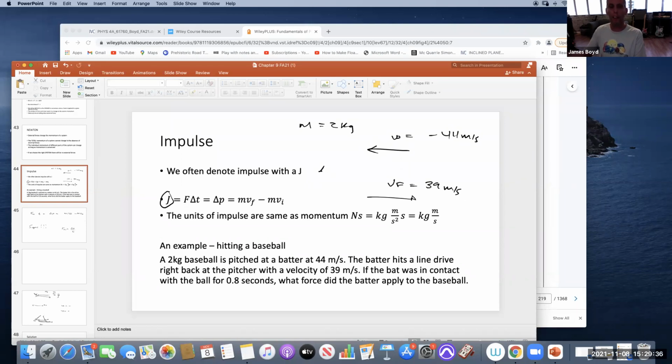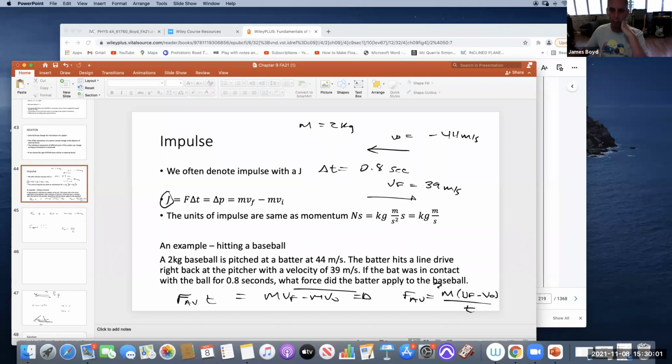And we know the delta t, the time it was in contact, was 0.8 seconds. Okay. So what we can do is we can write F average times t is mv final minus mv initial, which is F average, which is what we want, is m times v final minus v initial over t.